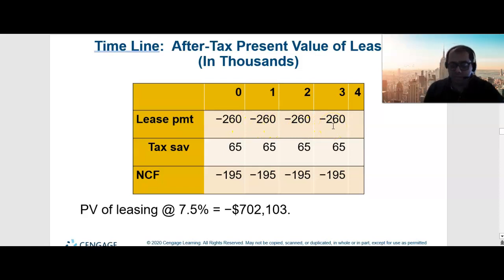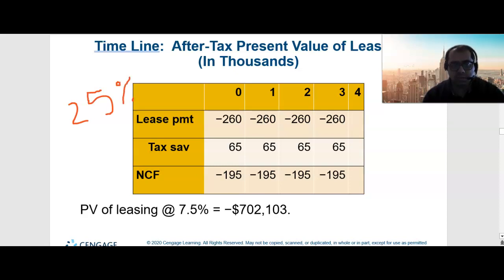Now, because this is an expense, we will get some benefits on making these payments. So we'll get the tax benefit. So 65,000 basically comes from 25% of 260,000, right?